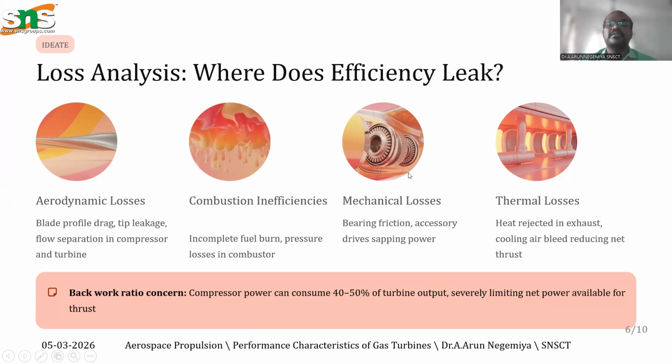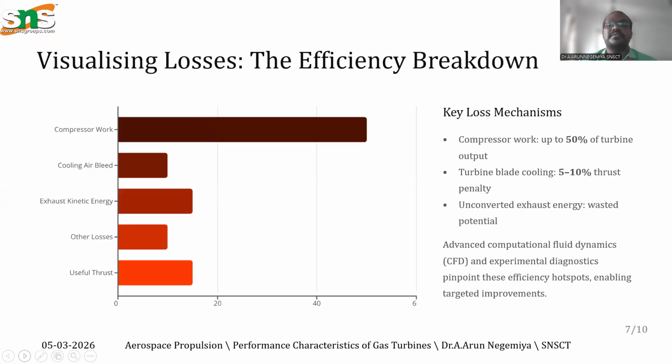For mechanical losses, bearing friction causes losses in the bearing area. For thermal losses, a large amount of heat is found in the turbine area, so we utilize cooling air or cooling methods.